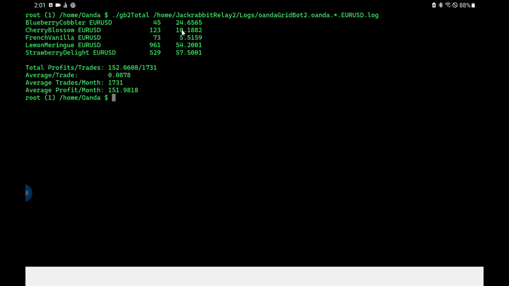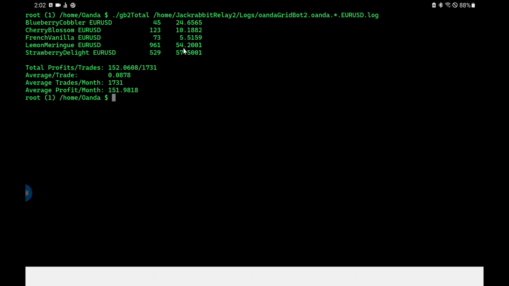For example, the Blueberry Cobbler account is also a defensive strategy, but it has made significantly more money than my own account. But the ones that look to be most intriguing are Lemon Meringue and Strawberry Delight. They have just gone to town with more trades and profitability that is reasonably acceptable.